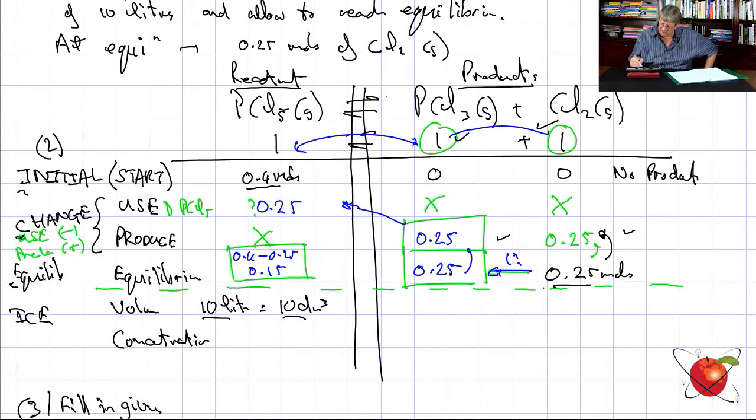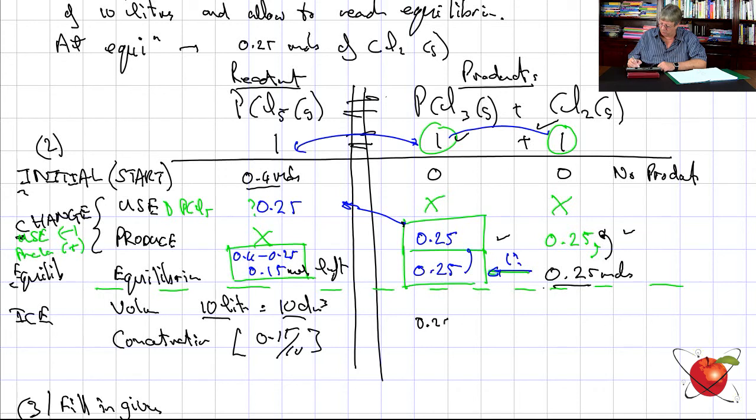Then we go back and go through the wall over here. I called it the mole hole in previous videos. I can go through because I know moles. Therefore, if I produced 0.25 of each, I must have used 0.25. In my container, I've got 0.15 moles left, 0.4 minus 0.25, and therefore my concentration at equilibrium is going to be 0.15 over 10.